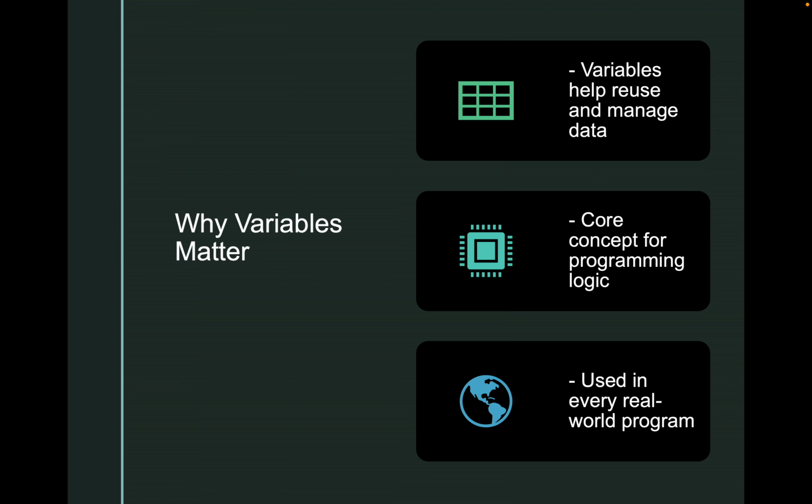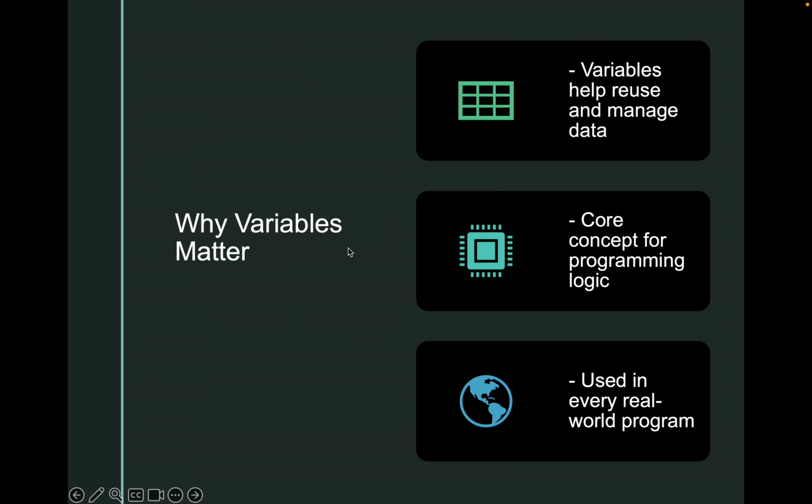And if we move on to the next slide, let's see why variables matter. Variables are essential in programming because they let you reuse and update data easily. As we saw earlier, it updates to the new data whatever we give. So it is really helpful and it reuses, right?